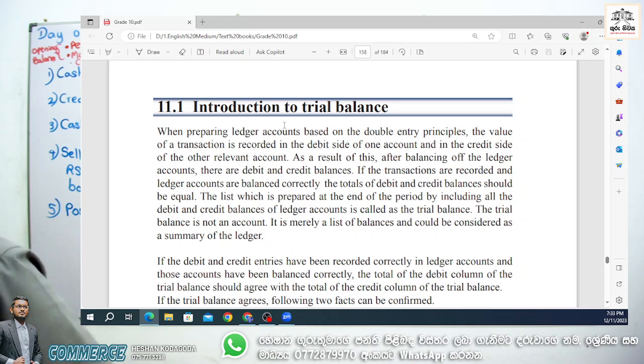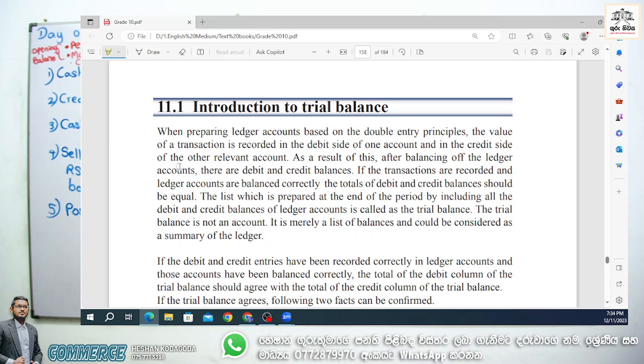When preparing ledger accounts based on the double entry principle, the value of the transaction is recorded in the debit side of one account and in the credit side of the other relevant account. As a result of this, after balancing of the ledger accounts, there are debit and credit balances. If the transactions are recorded and ledger accounts are balanced correctly, the total of debit and credit balances should be equal. Understand? The list which is prepared at the end of the period by including all the debit and credit balances of the accounts is called a trial balance.